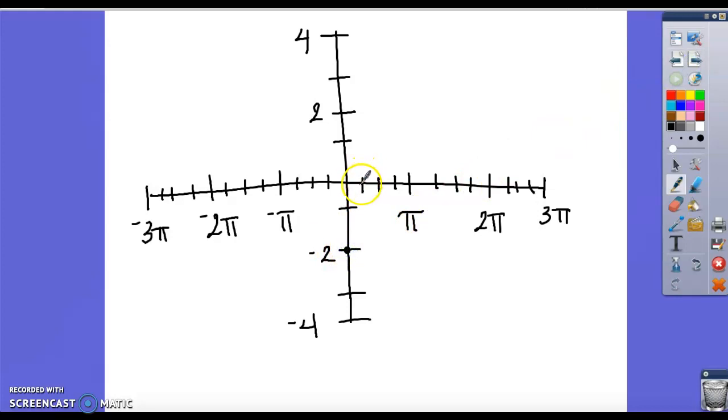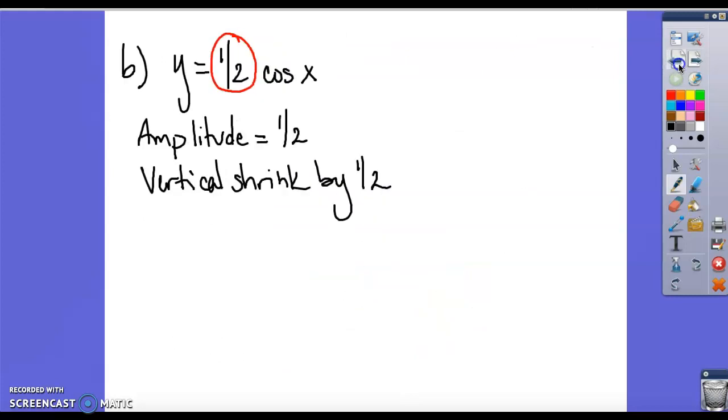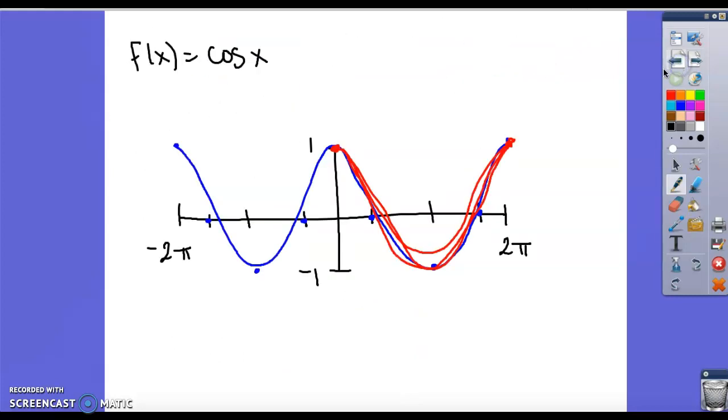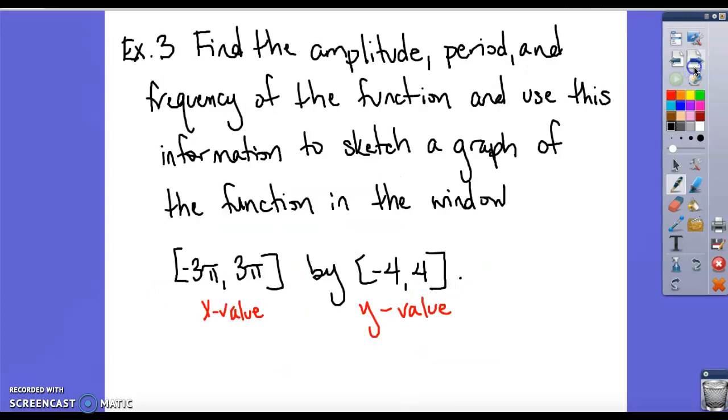Let me go back to this cosine graph too. With cosine, we start at our max, then it hits the x-axis, min, x-axis, max. So here we're doing the opposite.